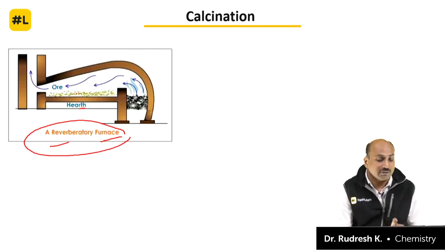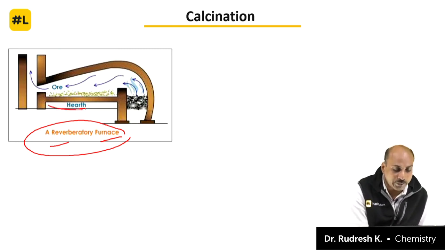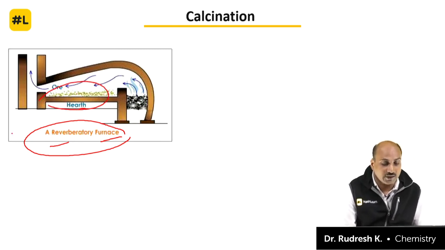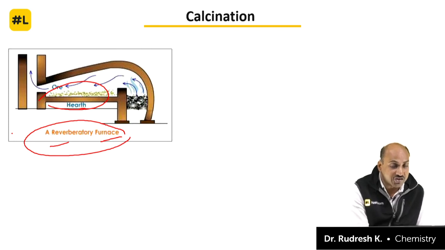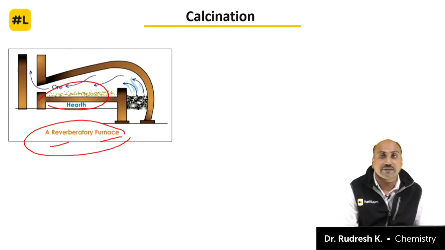Like that, here also the heat radiation falls on the surface of the ore material, which is called the hearth, spelled HEARTH, not earth. Here the volatile impurities are removed from the ore and we get the concentrated ore.